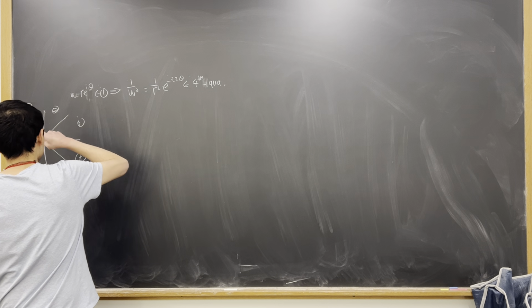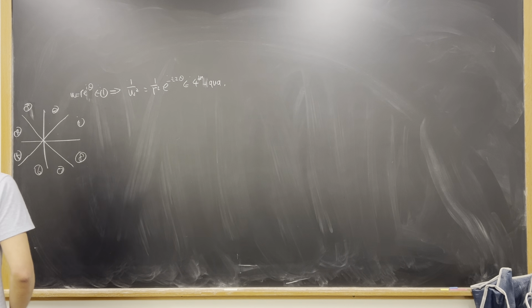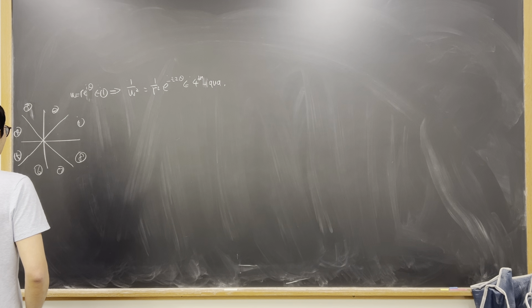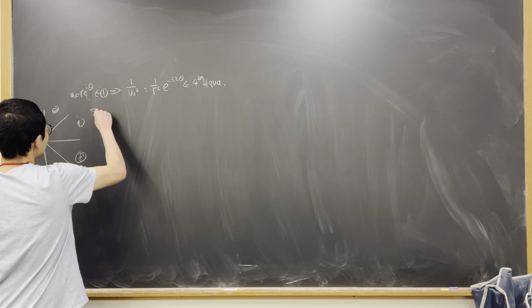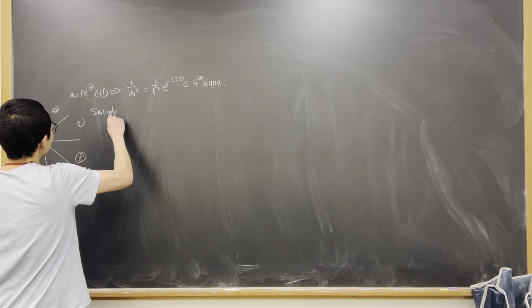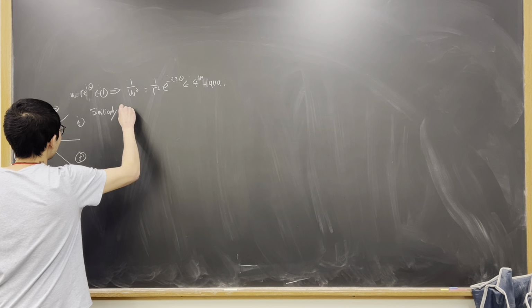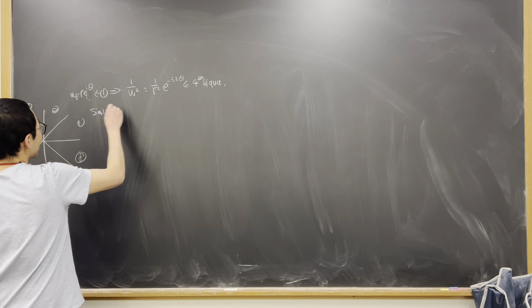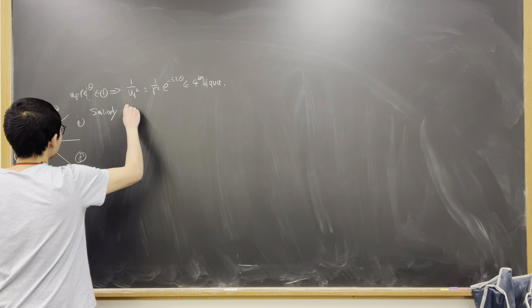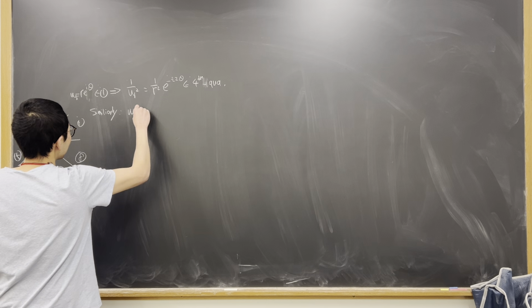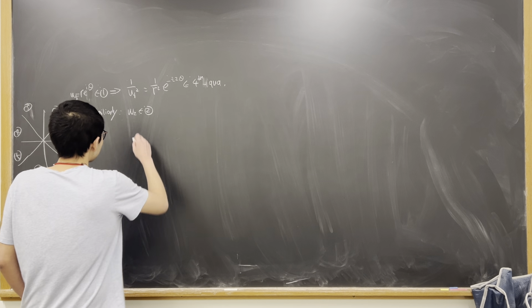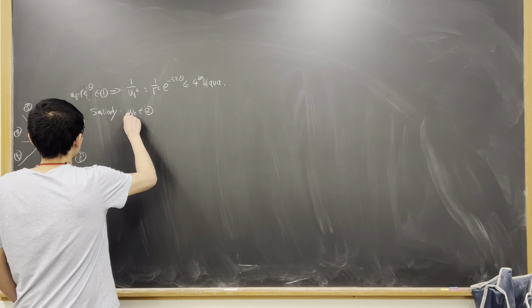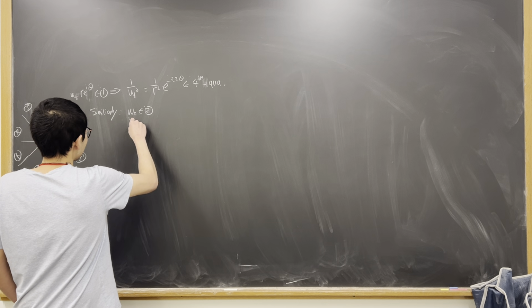And so similarly, let's say this is omega 1, and if omega 2, let's say, is in the second quadrant, then let's use the same letter.